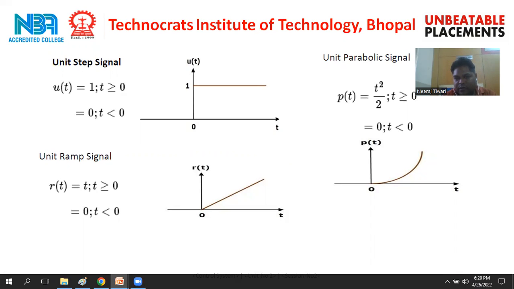And the fourth case is the unit parabolic signal. For the unit parabolic signal, the function is u(t) equal to t squared by 2. It is valid for t equal to 0 and t greater than 0, but it is not valid when 0 is greater than t. So if the value of time is negative, then the unit parabolic signal is 0.